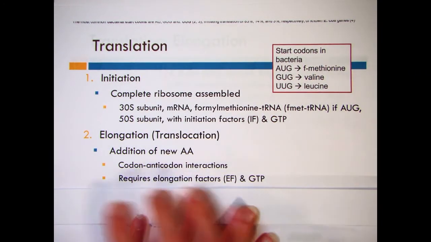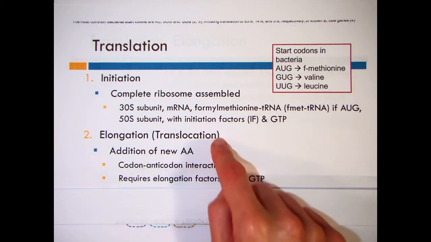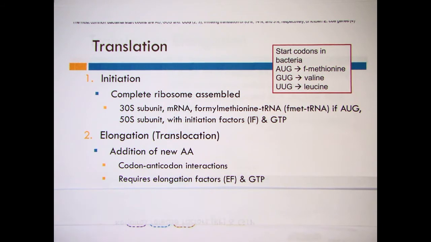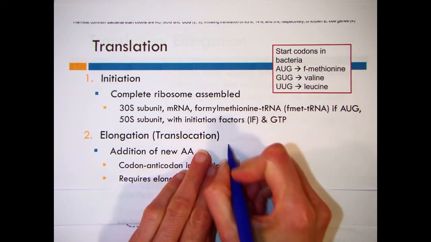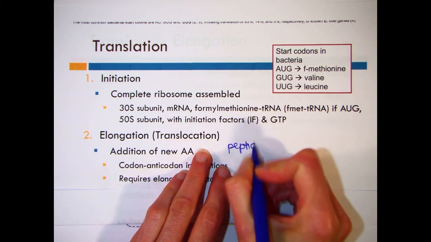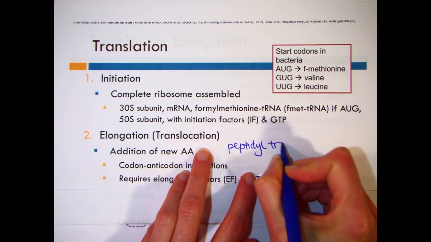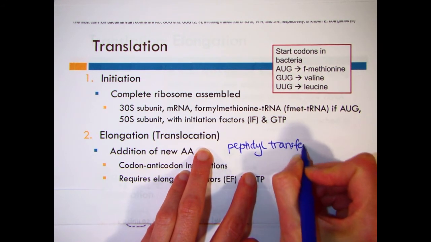Okay, so elongation, which is the translocation or the scooching of the ribosome, is how new amino acids get added. This happens in the peptidyl transferase reaction, which builds new peptide bonds.